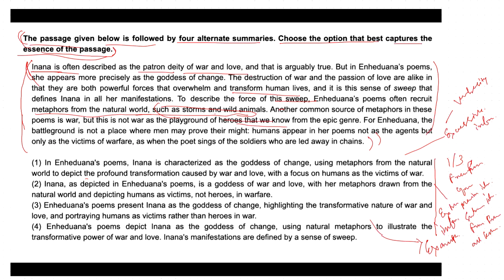Look at the options. What does each option point out? The first option says: in Anaduana's poems, Inanna is characterized as the goddess of change, using metaphors from the natural world to indicate the profound changes caused by war and love, with a focus on humans as the victims of war. If you look into option 1, it accurately captures the essence of the passage.